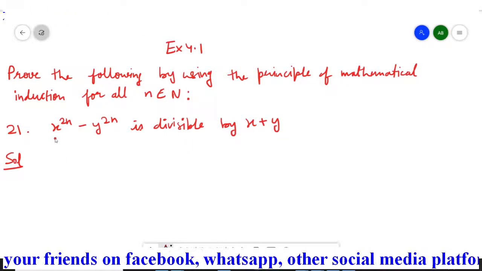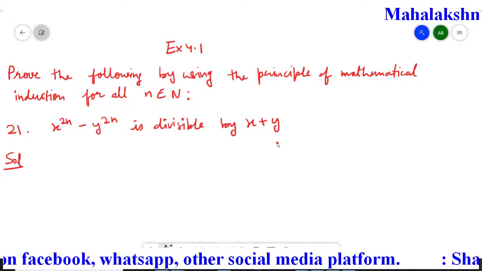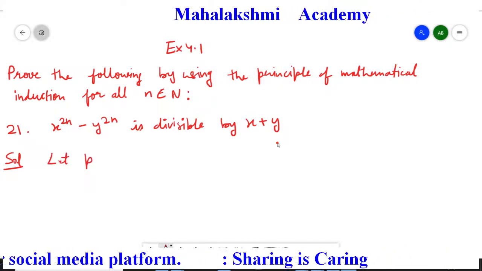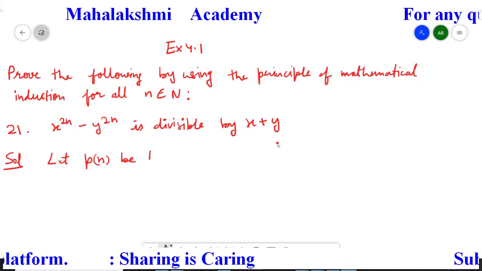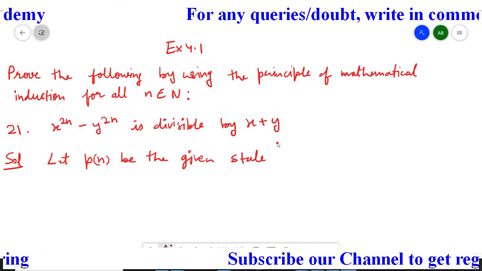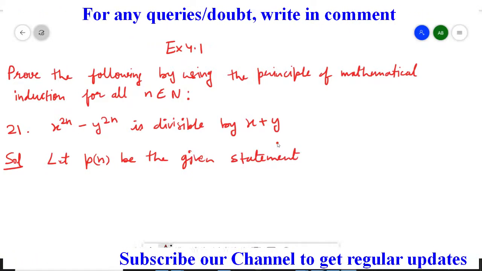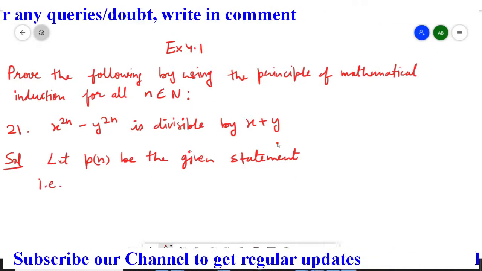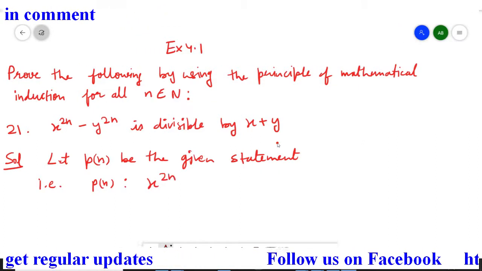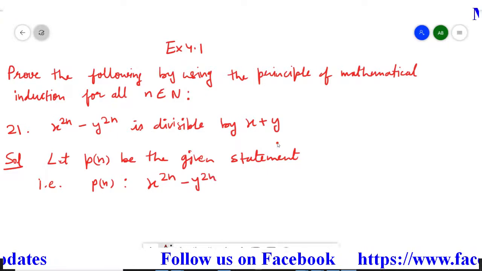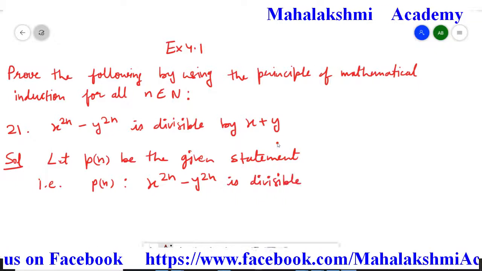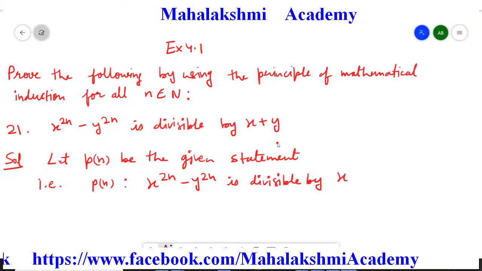So now firstly we will assume this given statement as Pn. So we will write here, let Pn be the given statement, that is, Pn is defined as x to the power 2n minus y to the power 2n is divisible by x plus y.